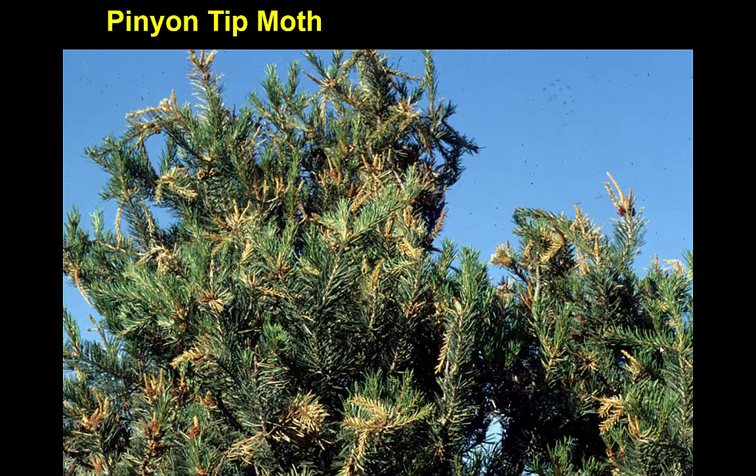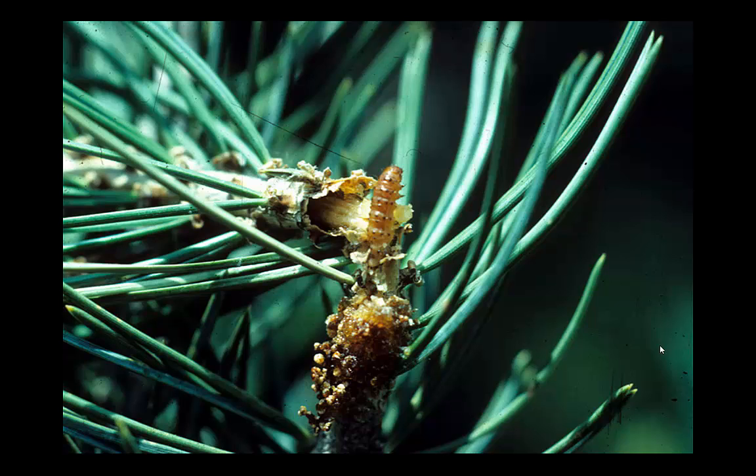In areas where pinyon is growing, it's a little bit different. There are actually two different kinds of tip moths on pinyon that have a little bit different life history. Again, the same kind of symptoms you'll see, though: the terminals are killed because some sort of developing larva has girdled the area and excavated the tissues at the base of where you start to see that symptom. Some of them, if they come in a little earlier, may take out a bud.